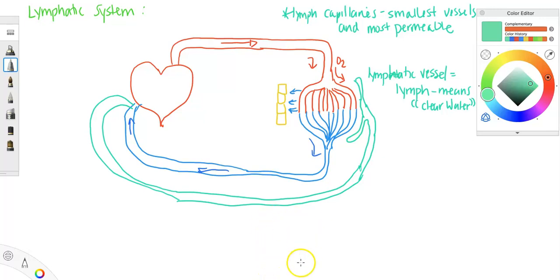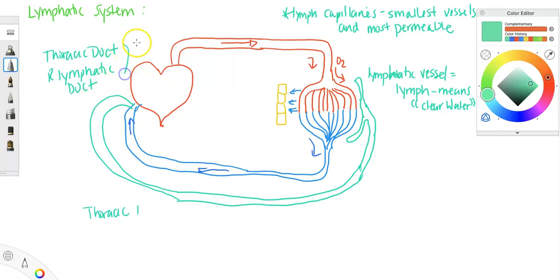So those ducts, I'll put that up here. The thoracic duct and the right lymphatic duct. And from there, it gets dumped into the venous system, the subclavian vein on the left and the right.